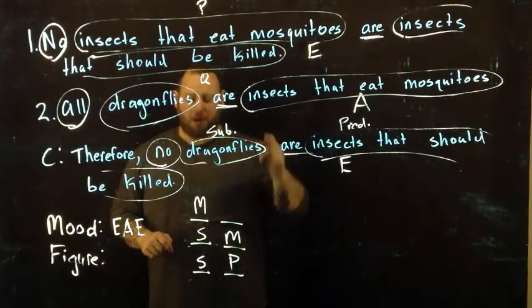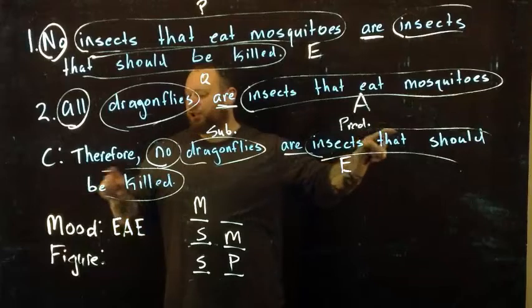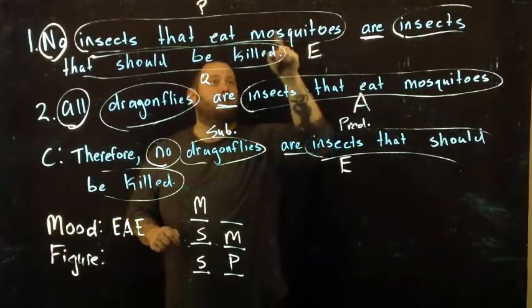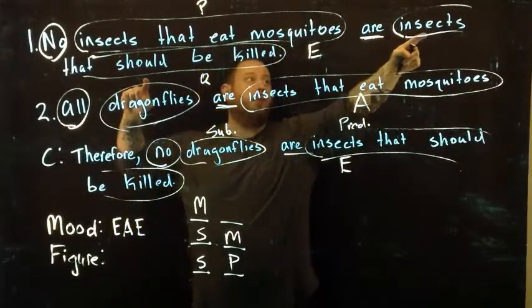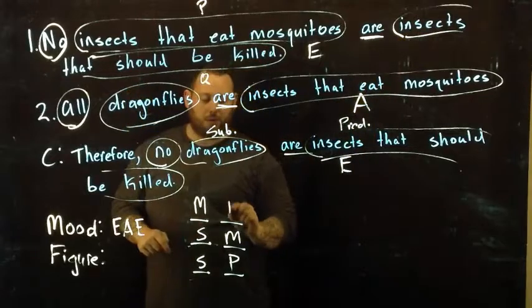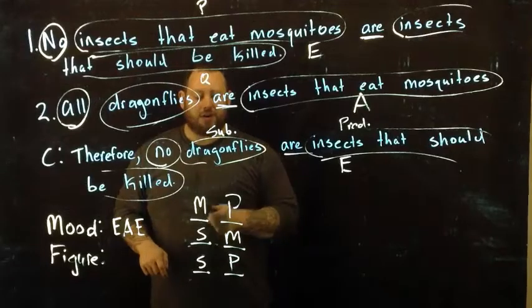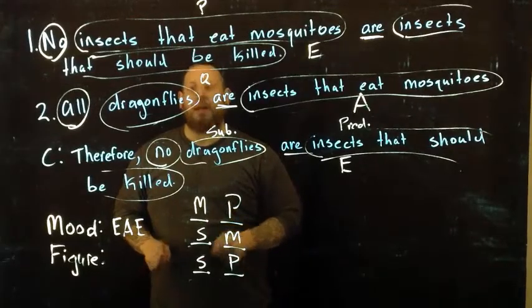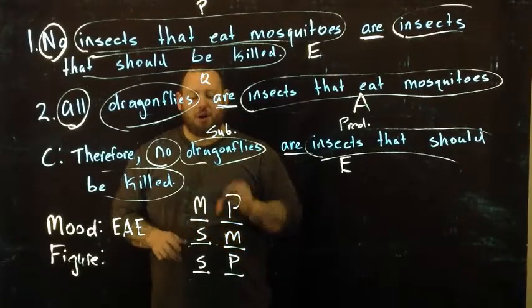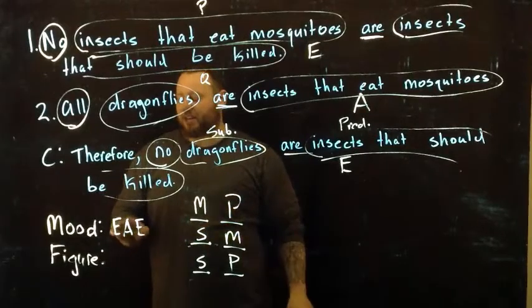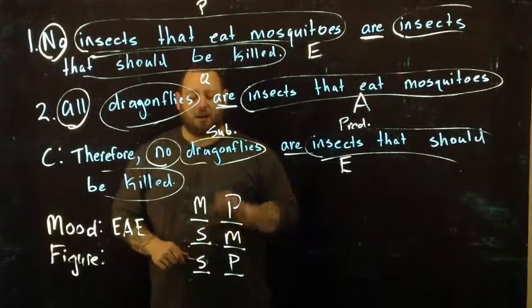Insects that should be killed shows up in our first premise, in the second position after the R, so we put a P there. So now we know our mood is an EAE, and our figure is MP, SM, SP. You merely use your sheet now, find which figure this is, and see if an EAE is valid under this figure.